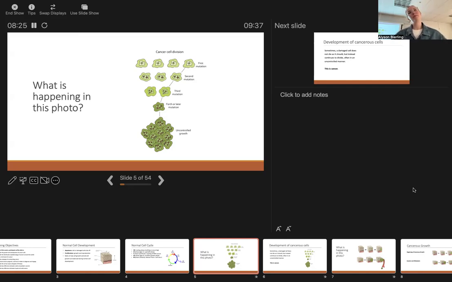The cells are leading from the normal cell, and the last picture is an uncontrolled growth.